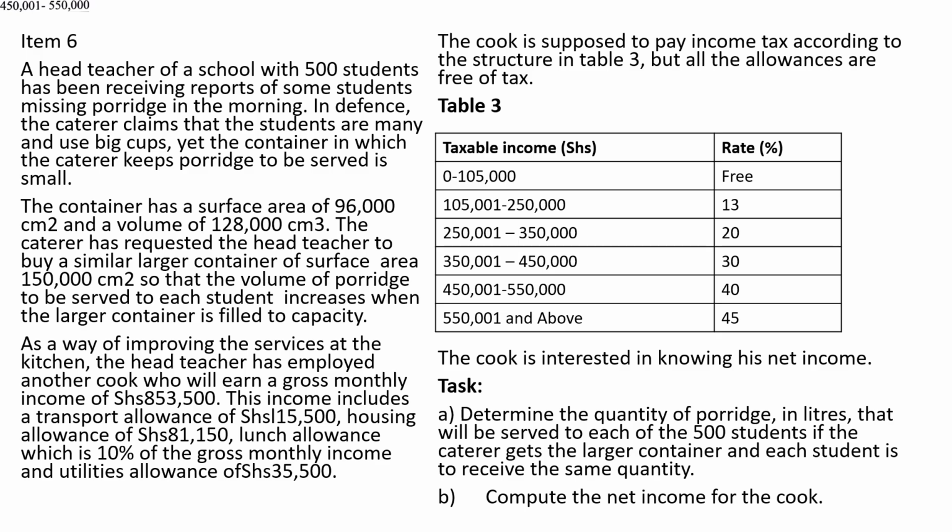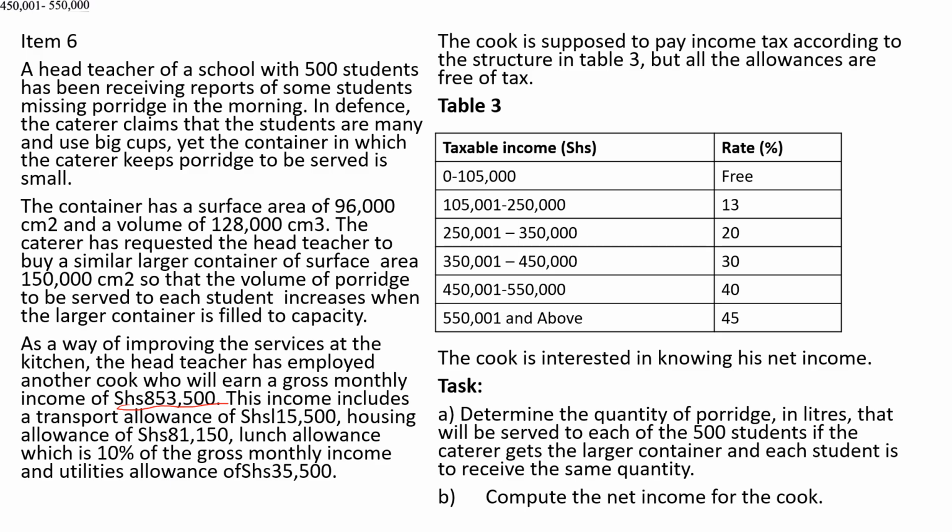As a way of improving the services at the kitchen, the head teacher has employed another cook who will earn a gross monthly income. This income includes a transport allowance of 15,500 shillings, a housing allowance of 81,150, a lunch allowance, which is 10% of gross monthly income, and a utilities allowance of 35,500.